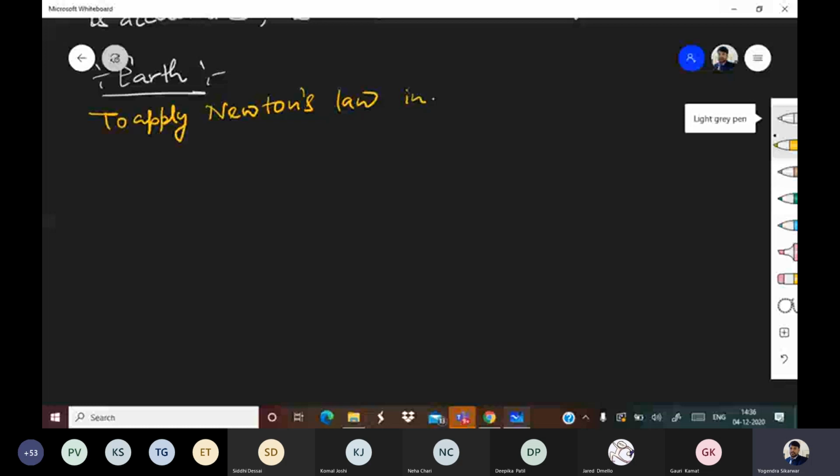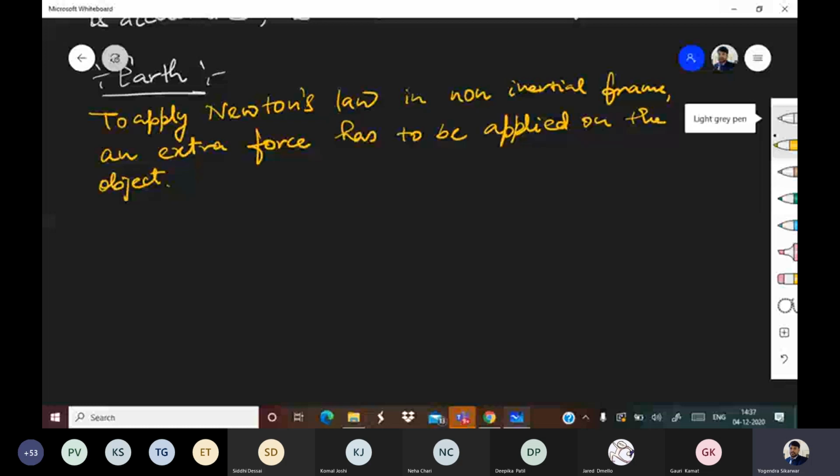That means the motion of an object is studied from an accelerated frame. So this is the criterion for the pseudo force to be applied, that the study of motion should be done from a non-inertial frame, right? Okay, so this is the condition for when we are going to apply it.